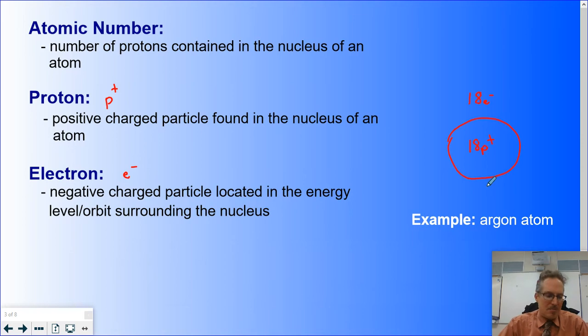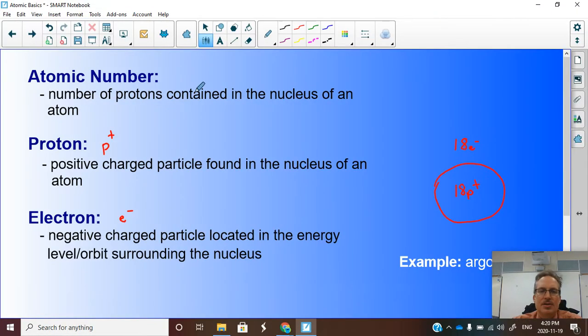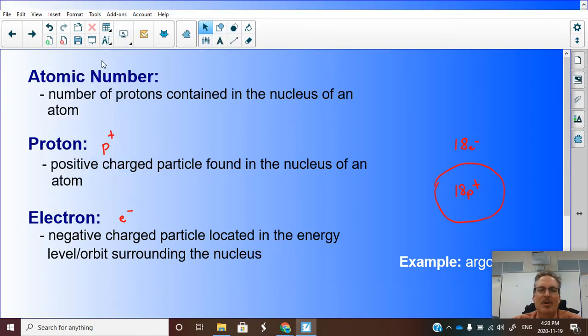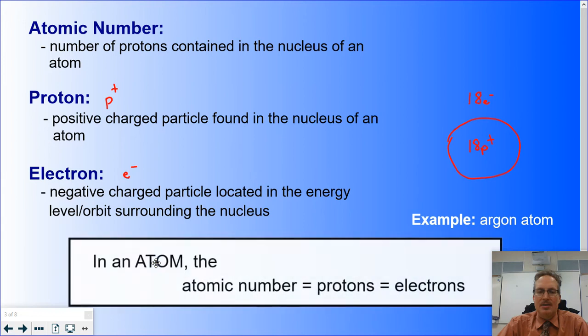An easy way to remember all of this would be for us to write this down. Now, in Mr. Kemp's class, when you have to memorize something, he puts it into a box. So, for an atom, and I'm going to be very firm on this, for an atom, we are not talking ions, the atomic number is equal to the number of protons.